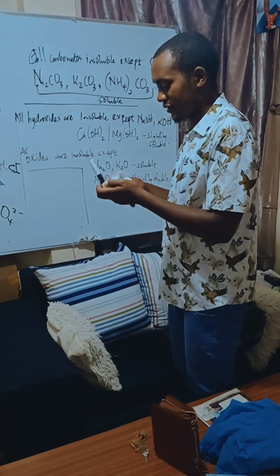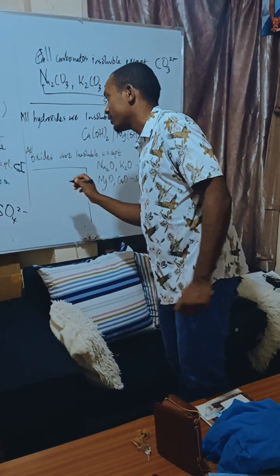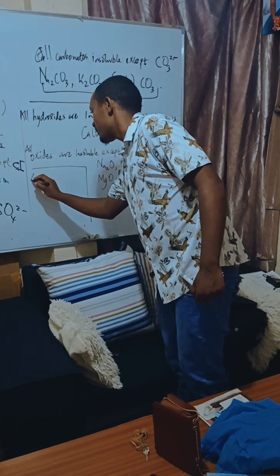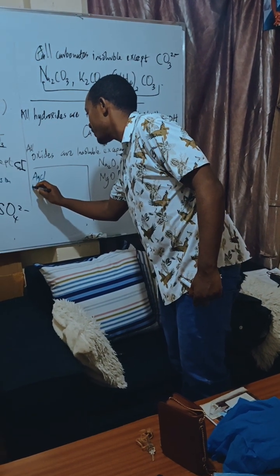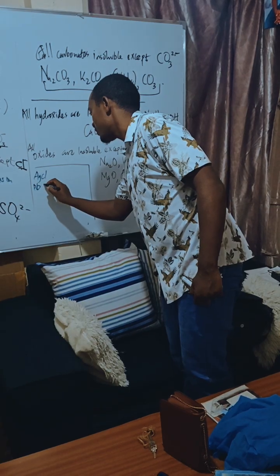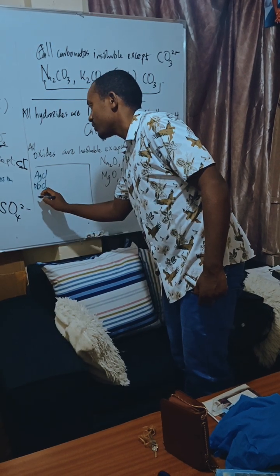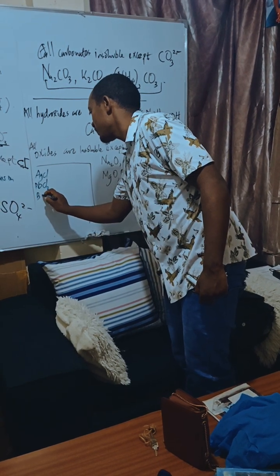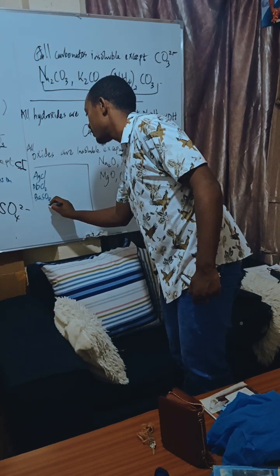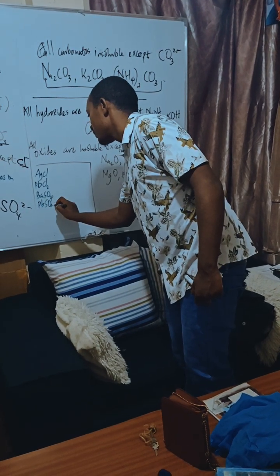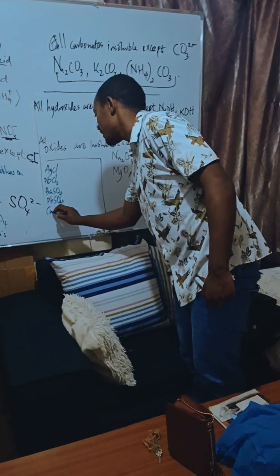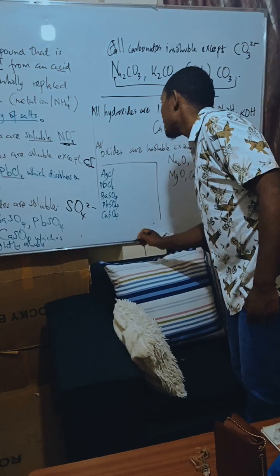On chlorides, we have silver chloride and lead chloride. These are insoluble salts. On sulfates, we have barium sulfate, lead sulfate, and calcium sulfate. These are insoluble salts.